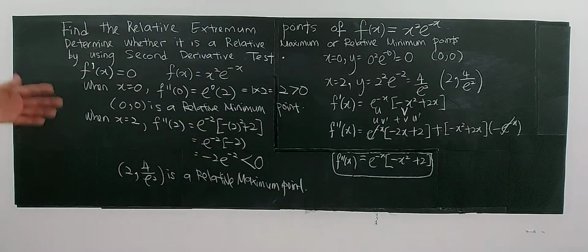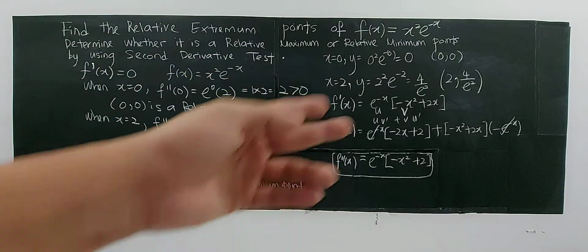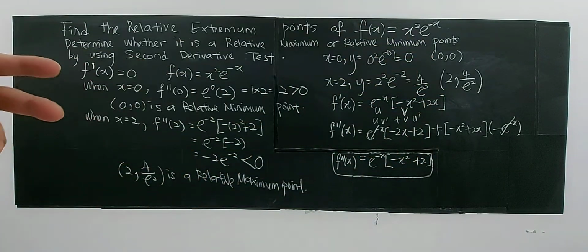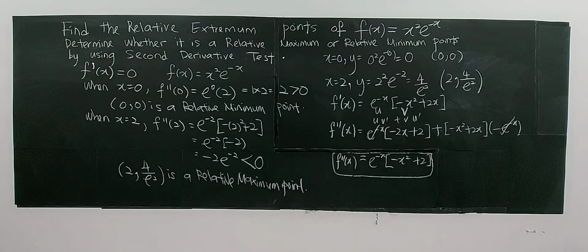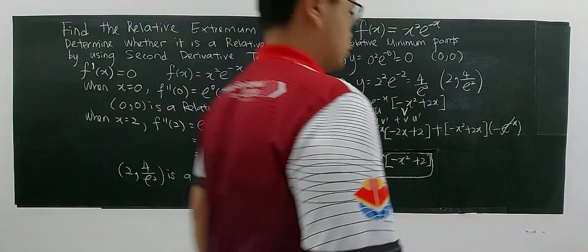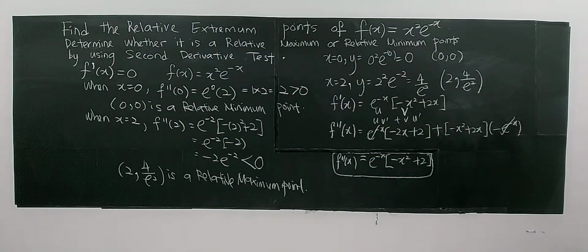So you have found your relative extremum points, and then you identify whether they are maximum or minimum by using the second derivative test. I'm going to show you with the Desmos app. This app is very powerful, so you can use it to check your answer or your graph.